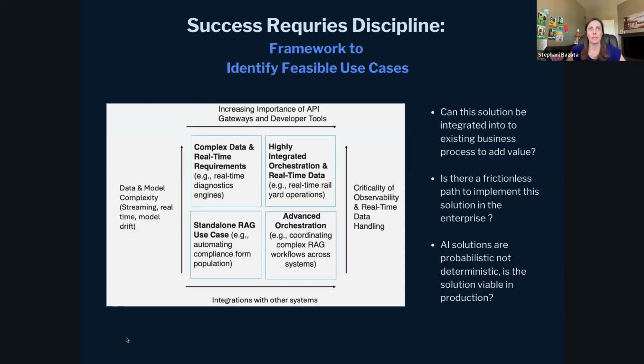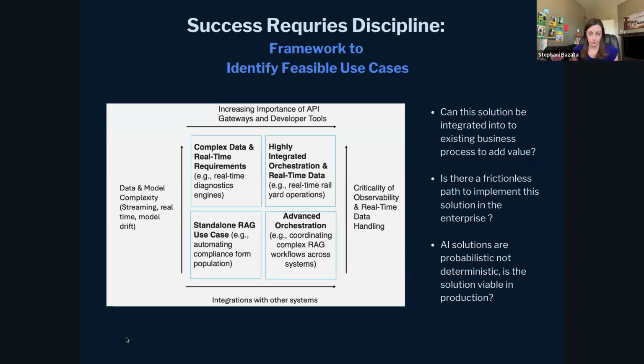A good example of this is in the railroad industry, when you have some FRA safety requirements about how you're building a train. You can use AI to help you figure out predictions around what could go wrong on the train, but you're going to need a traditional discrete rules engine to make sure that you are meeting the requirements that have been set out for you. And so that could end up looking like an agentic AI orchestrating it all, but there are pieces of that that still need to have some hard-coded logic.